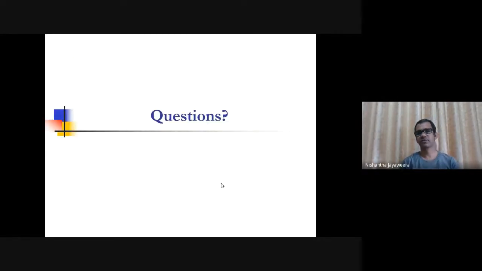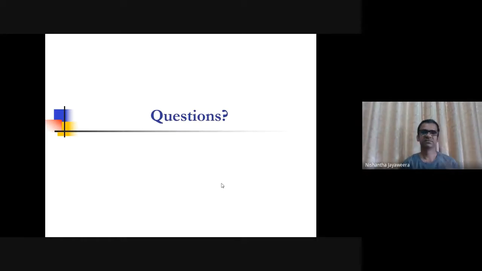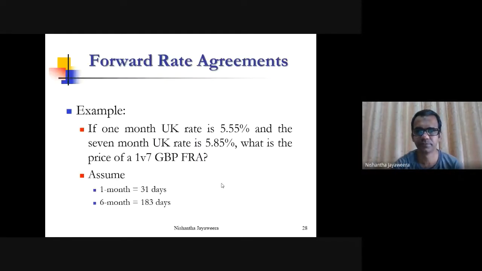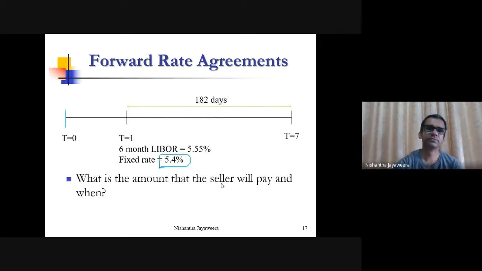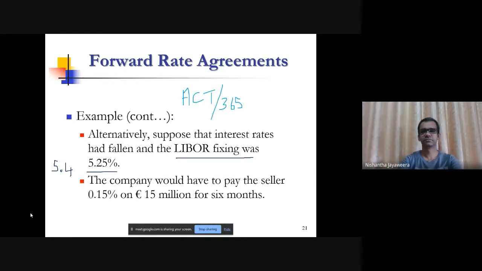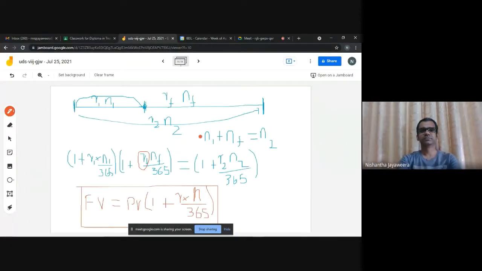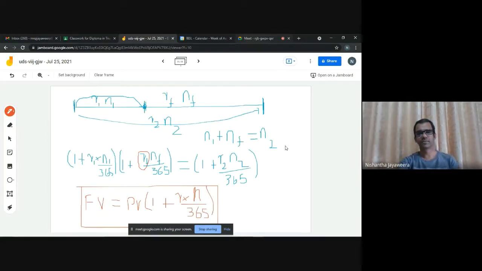That's all about forward rate agreements.